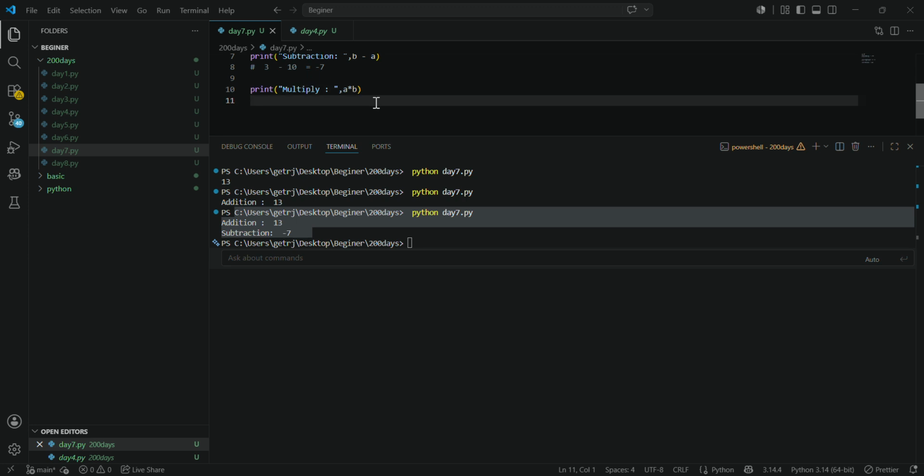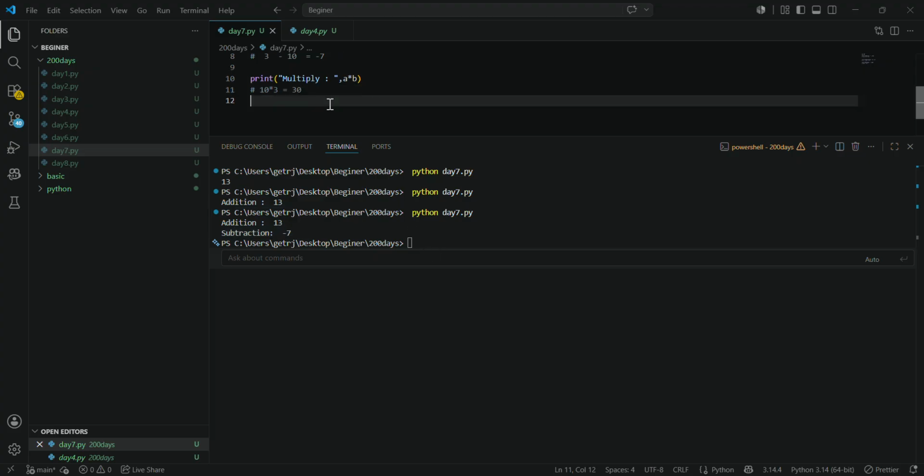First of all, we will try to run 10 into 3, where a equal to 10 and b equal to 3. Then this is 30. Basically, multiplication means repeated addition. So 10, 3 times, equals 30.